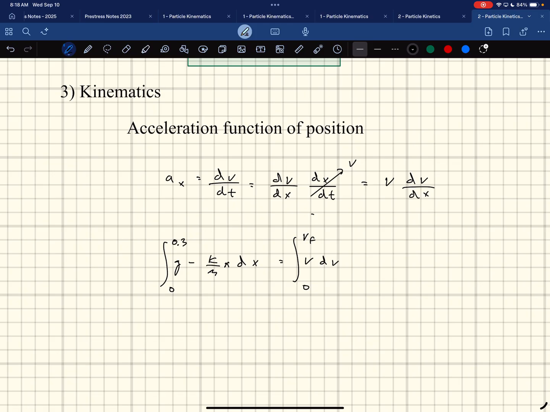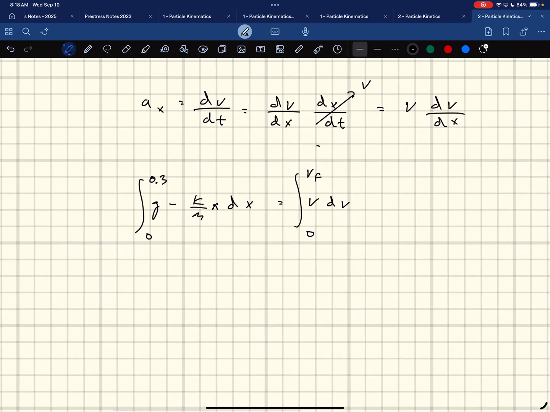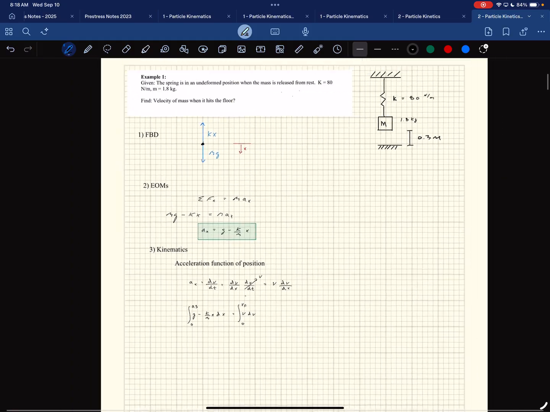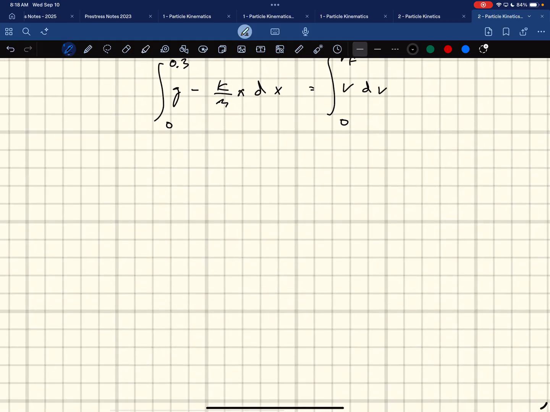Then all you would have to do at this point is put in these numbers, right? So let's put in those numbers. I want to show you something about what I expect on the homework. So this is in meters. So this is 9.81.